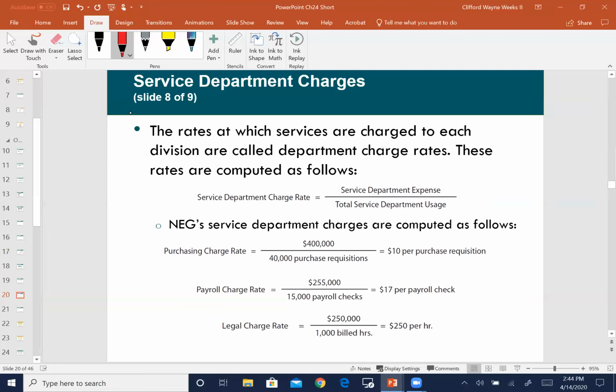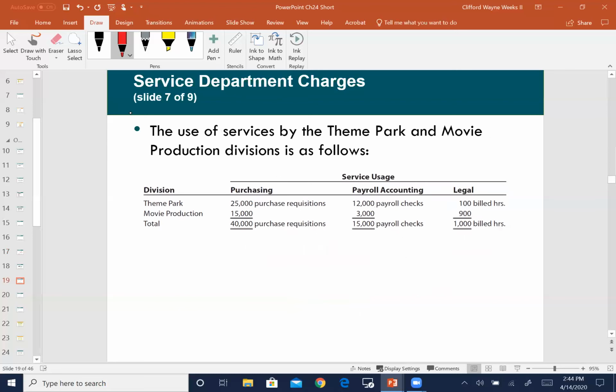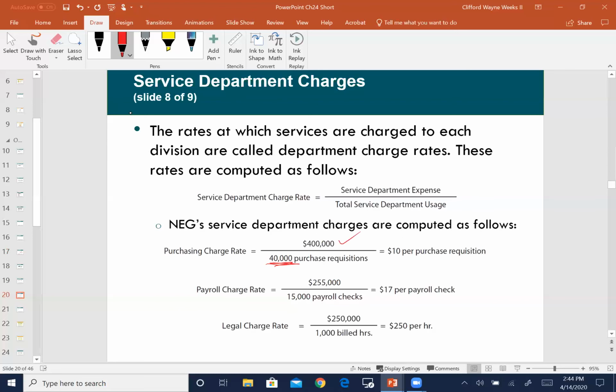We took that $400,000 total cost of the purchasing department and divided it by the total number of purchases, and we come up with $10 per requisition. We do the same thing for payroll and legal, and we find out the chargeback rates.